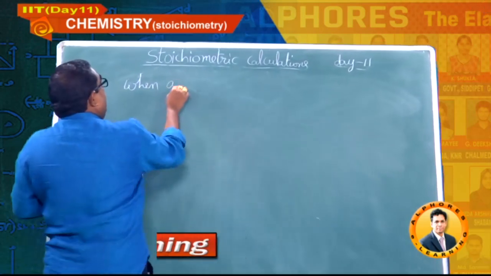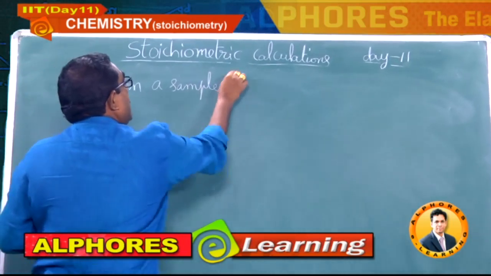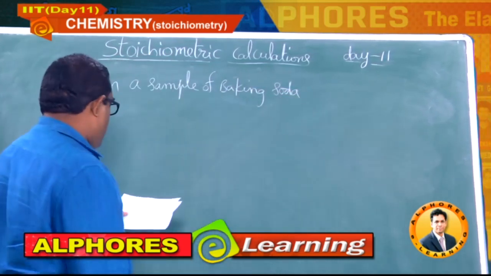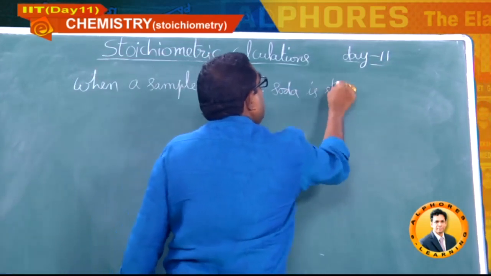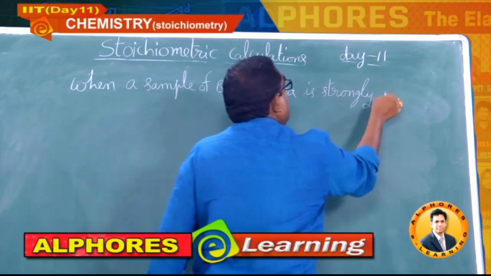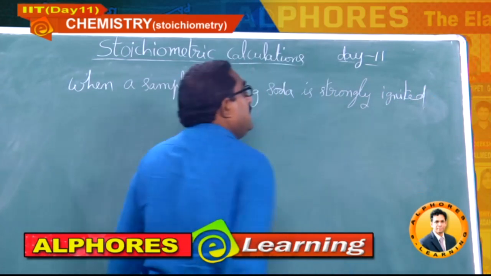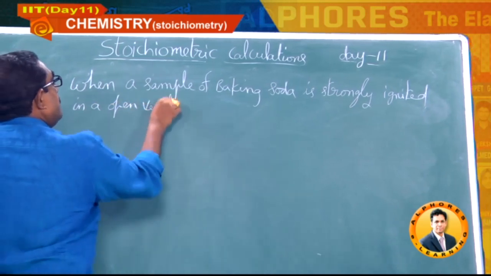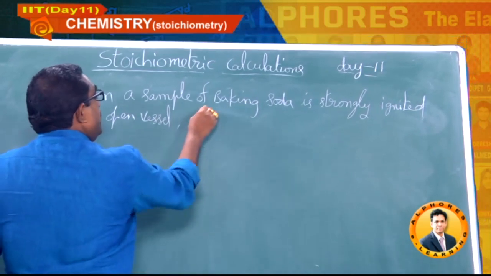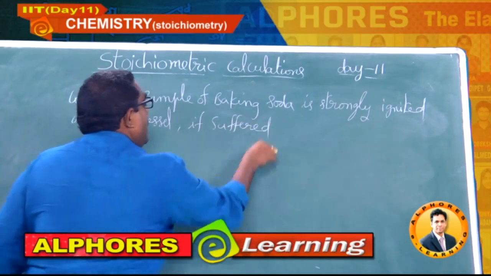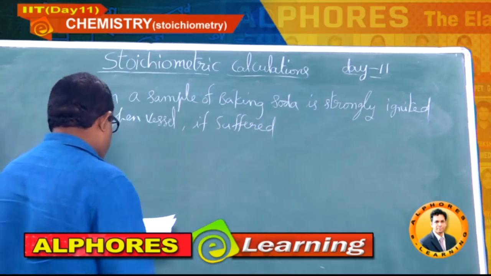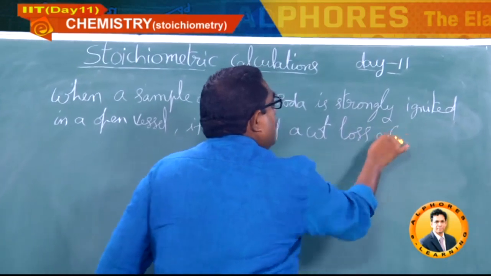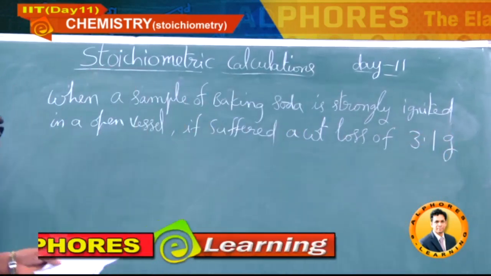When a sample of baking soda is strongly ignited in an open vessel, it suffered a weight loss of 3.1 grams.